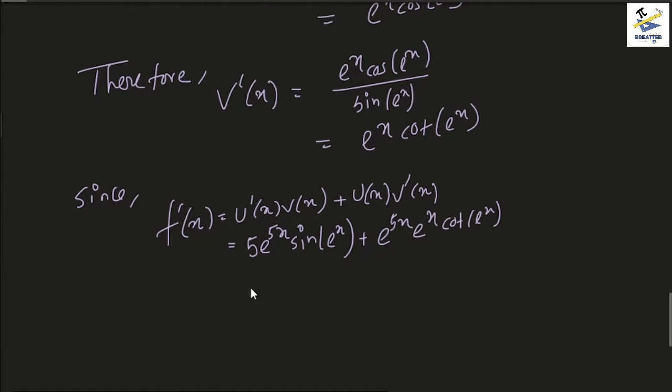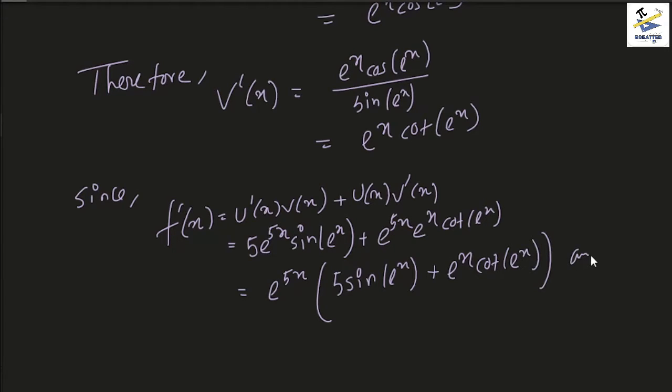And what we can do is take e^(5x) common. What we get is e^(5x) times (5 sin(e^x) plus e^x cot(e^x)), which is the answer for our derivative.